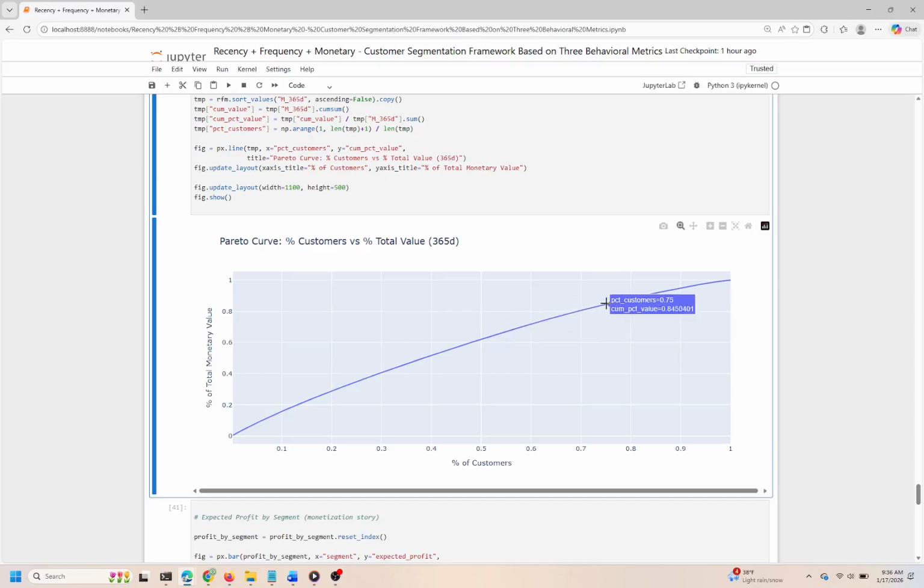Using Plotly Express, we create a line graph to clearly demonstrate this relationship, mapping the percentage of customers on the x-axis against the cumulative percentage of their total value on the y-axis. The plot helps visualize the essential takeaway, how a small percentage of customers often accounts for a large portion of the total value generated. It's important to keep in mind that this analysis relies on accurate monetary data and assumes that customer behavior remains relatively consistent over time.